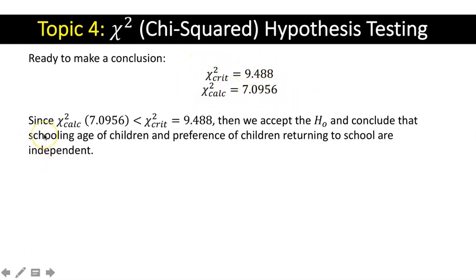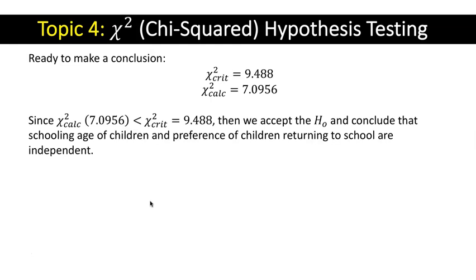So I'm going to compare them. Since my chi-square calculated value of 7.0956 is less than my critical value of 9.488, I am going to accept the null hypothesis, and I'm going to conclude that schooling age of children and preference of children returning to school are independent, which tells me that it doesn't matter whether the parent has an elementary school age child or a middle school age child or a high school age child.